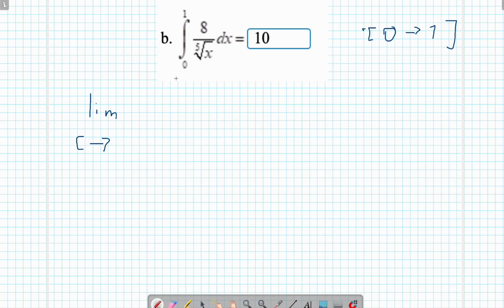Thing is, here, can we have 0 in the denominator? No, because 0 will make the function undefined. So what we're gonna do here, I'm gonna introduce a new thing called 0 plus or 0 minus. 0 plus is a very, very small number above 0.